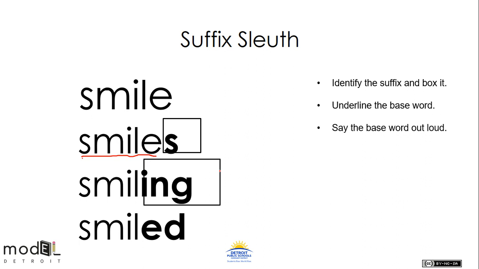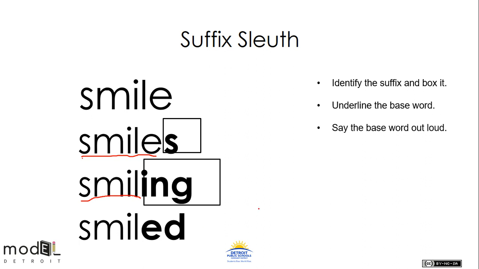Okay, I've boxed the suffix ing, and now I'm going to underline the base word. Smill. That doesn't make sense. But if I imagine that there's an invisible magical E that makes the I say the long sound, the base word is smile. And smile plus ing equals smiling.